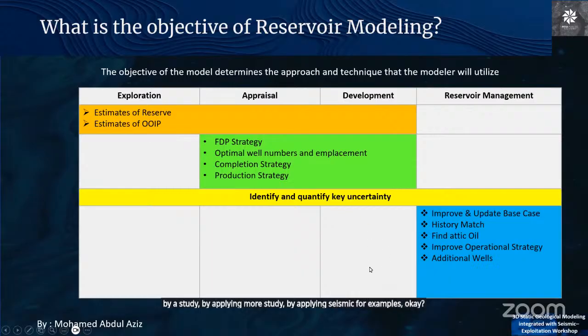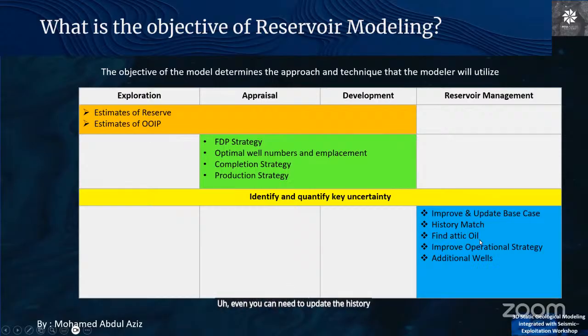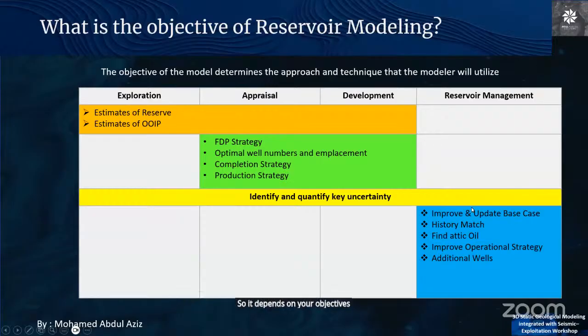And in reservoir management, you need to improve and update the model. You even need to update the history match, find attic oil, improve operational strategy, and drill new wells. So it depends on your objectives.